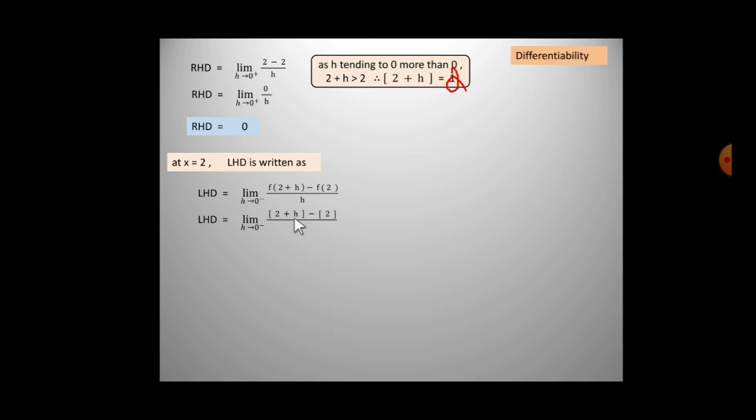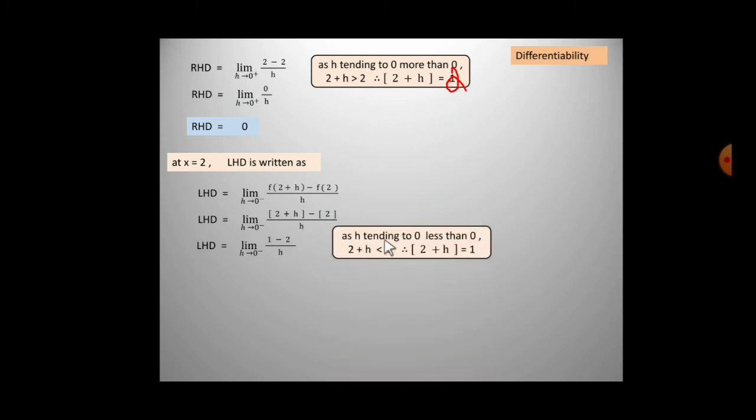So this is a small negative number. 2 minus that, it becomes 1. The greatest integer of 2 plus h here becomes 1, because h is approaching 0 from less than 0, that is negative. If you subtract a small quantity from 2, or add a small negative number, it becomes 1 point something. And the greatest integer of 1 point something number is always 1. And the greatest integer of 2 is 2, h as it is.